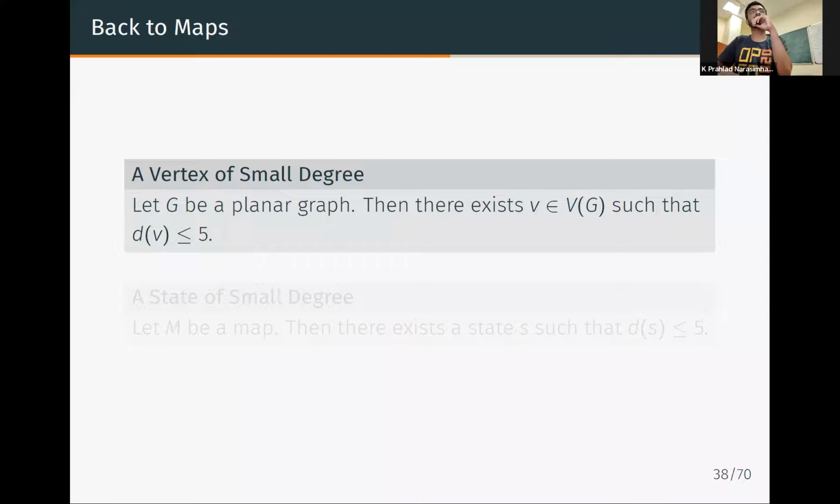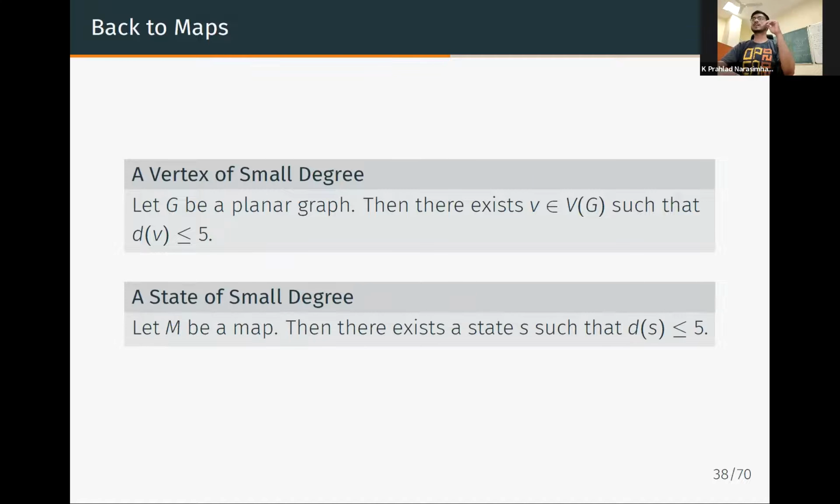So consider a planar graph. Then what did we prove? We proved that there exists a vertex with degree at most 5. What is this in the language of maps? If we have a map, then there exists a state with degree at most 5, or the number of neighbors of the state is at most 5. That's what this means.